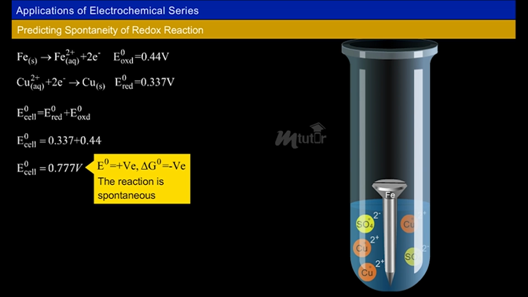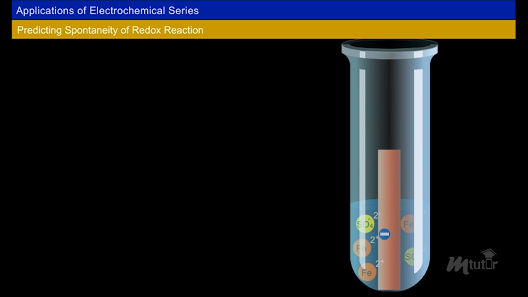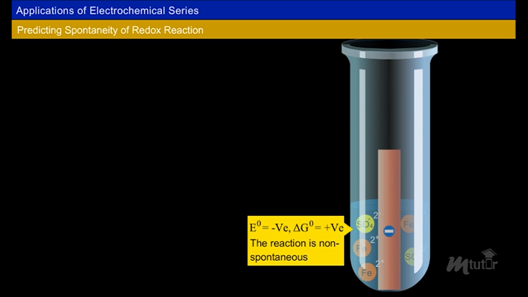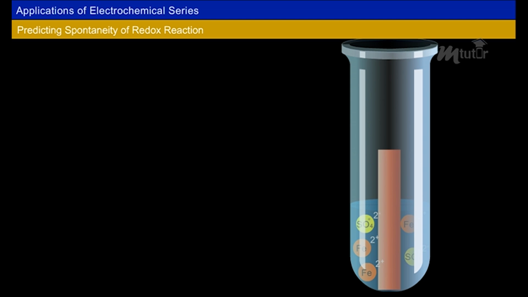It's a spontaneous reaction. Let us consider a case where the EMF of the cell is negative and the free energy change is positive. So the reaction becomes non-spontaneous. This time, a copper plate is dipped in ferrous sulfate solution. Copper loses 2 electrons and gets oxidized.